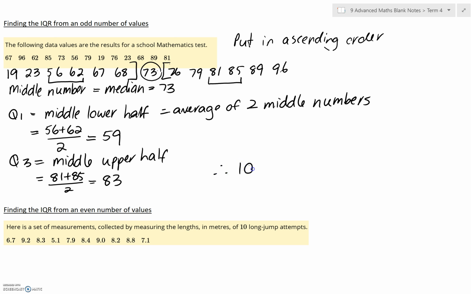The interquartile range, which is found by taking Q3 minus Q1, is 83 minus 59, and it's 24. And what that means is there's 24 values in the middle section, the middle 50% of our data. That will become a bit more clear when we look at a box plot, when you can see that visually. But that's what that means.